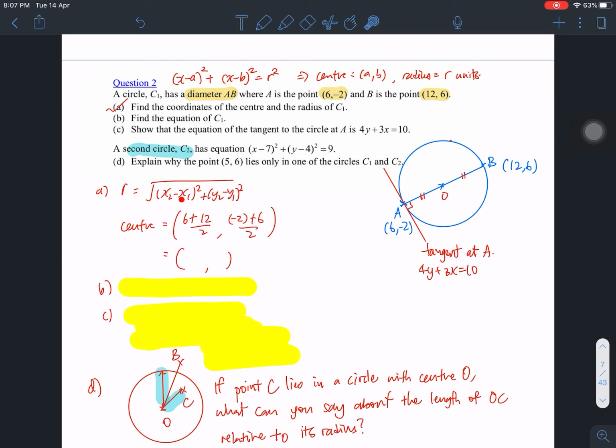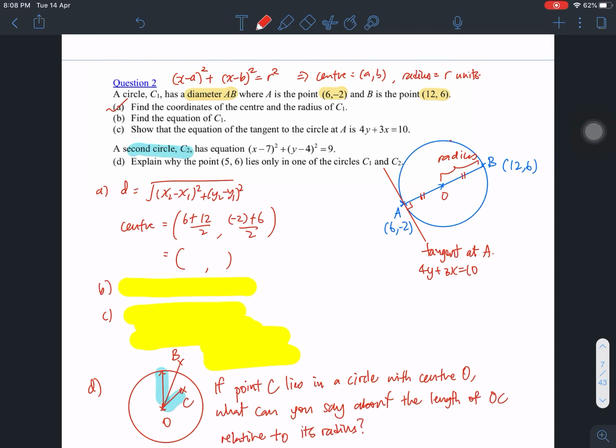So applying the distance formula, we'll be able to find the length of the diameter AB, and of course subsequently, we would want to divide the answer by 2 to find the radius. Okay, so that will be the first part, A.